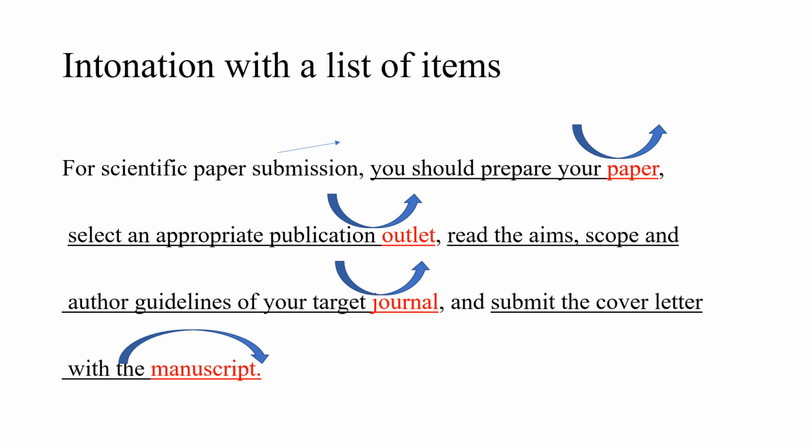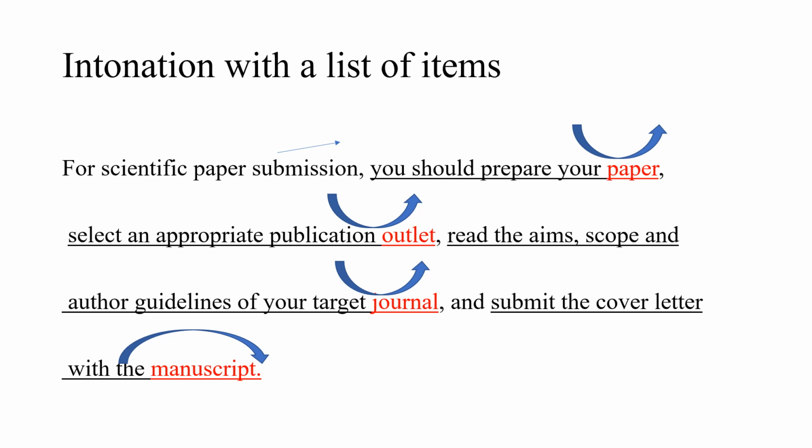Well, let's read it together. For scientific paper submission, you should prepare your paper, select an appropriate publication outlet, read the aims, scope, and author guidelines of your target journal, and submit the cover letter with the manuscript.